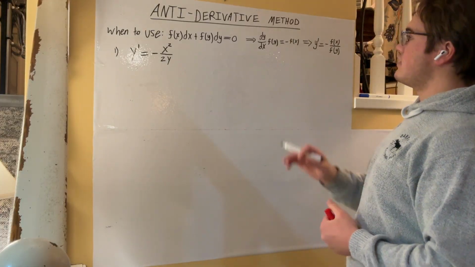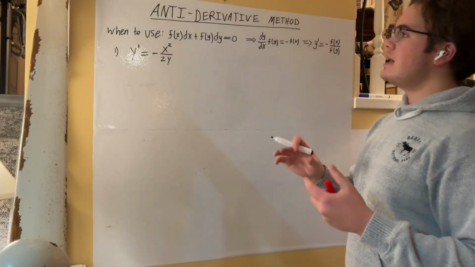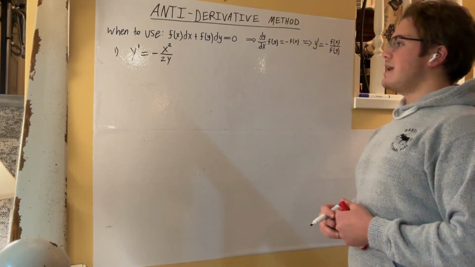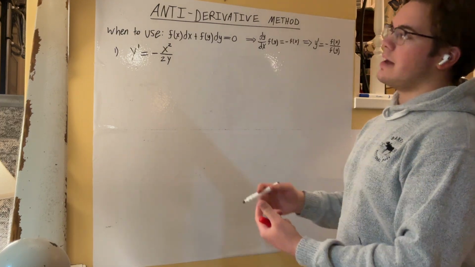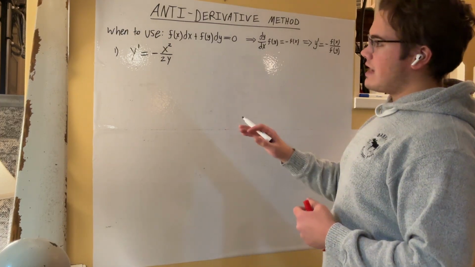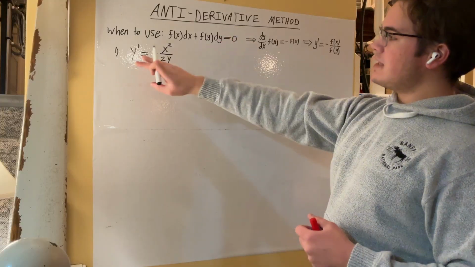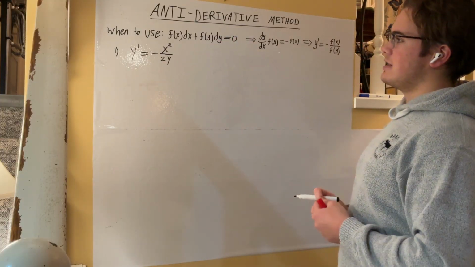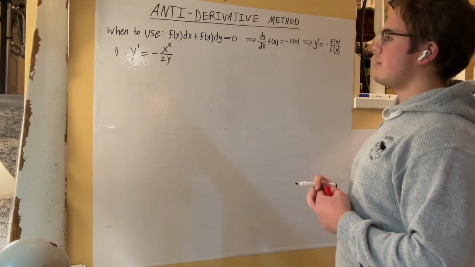This way we can separate the two on either side and just take an antiderivative or an integral and end up solving for just y. So the first step is to look at this equation and see if we can manipulate it in any way that can get us to this form.